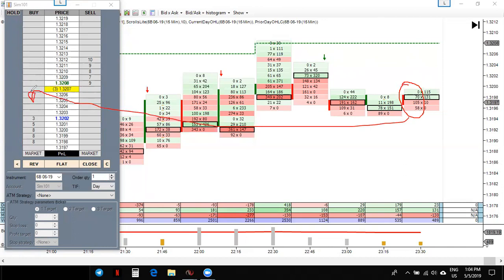They are hitting the bid. It means if we have more sellers that are going to overpower these 3 lots, then price is going to drop 1 price point lower to come and trade over here. If we have 5 contracts more, we're then going to try to move down over here. Then after that, we are just going to move down over here.